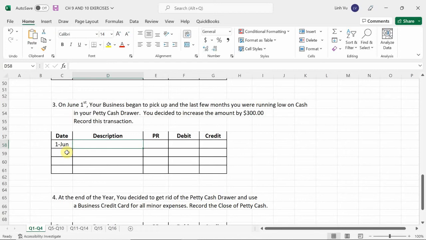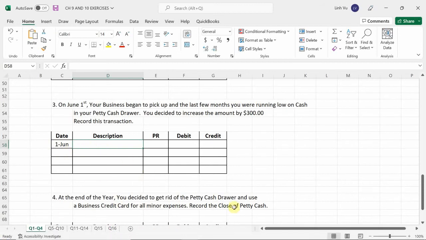How do you increase a petty cash fund? Right now, my petty cash fund is at $500. How do I make that into $800? Credit it? Not credit the petty cash fund. Debit? You're going to debit the petty cash fund. Good.